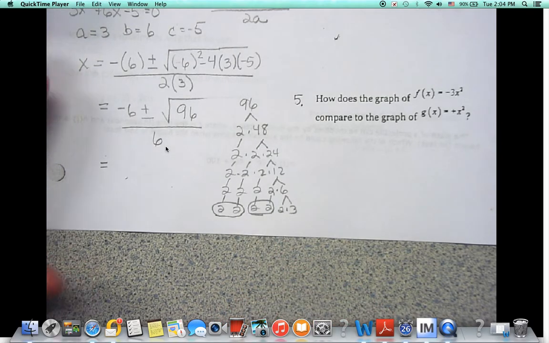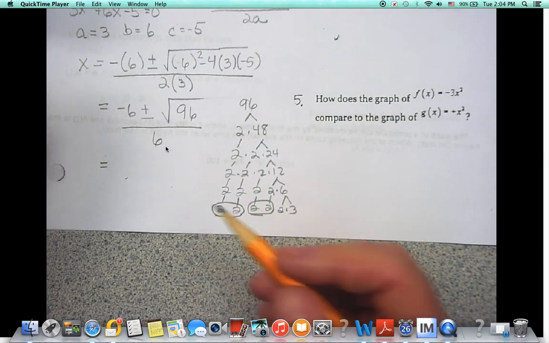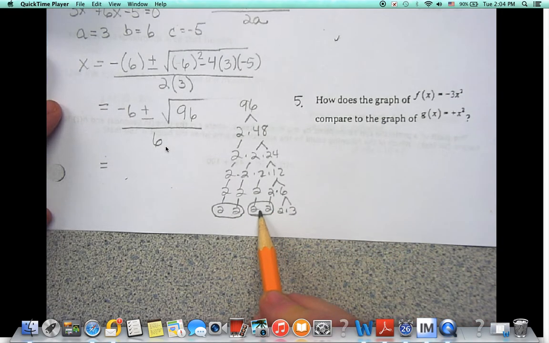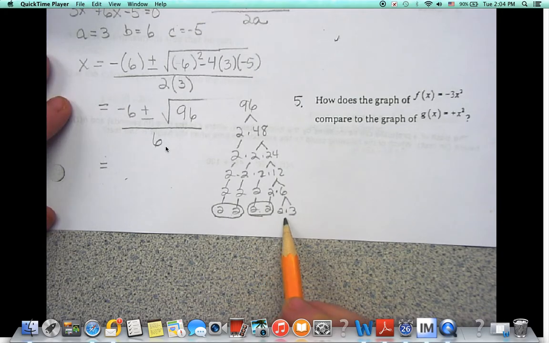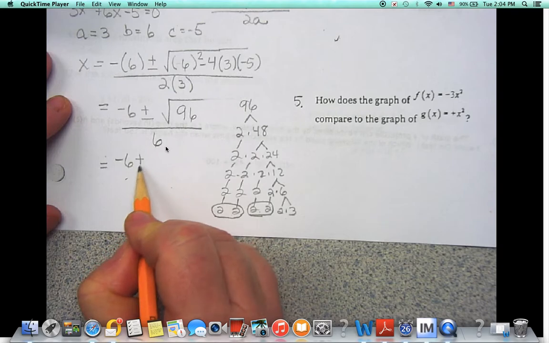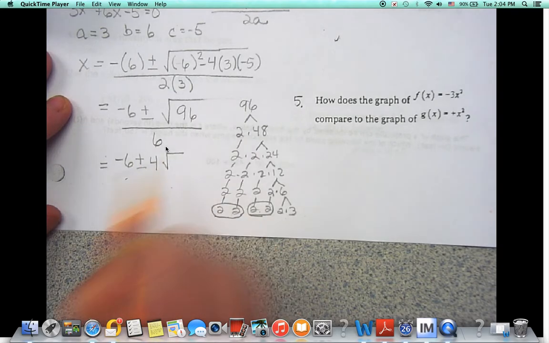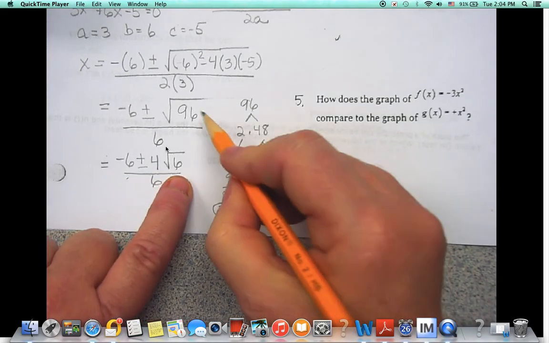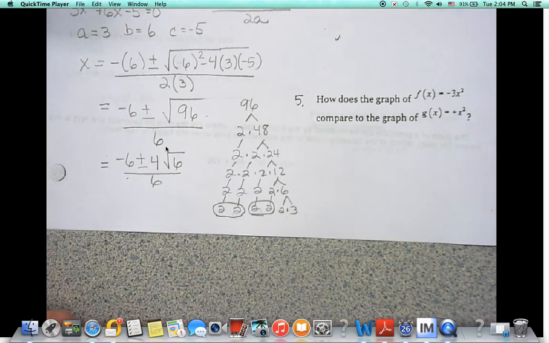So what goes outside the square root and what stays inside? 2 times 2 would be 4. That goes outside, and then what stays inside? 2 times 3, which is 6. So we have negative 6 plus or minus 4 square root of 6 over 6. That 4 square root of 6 replaces the square root of 96.